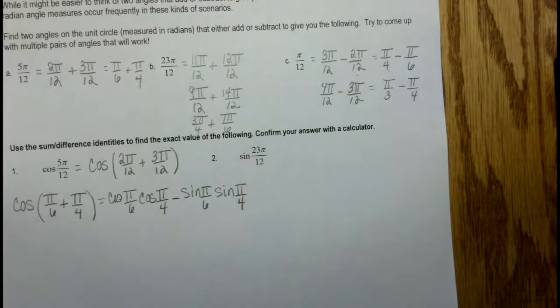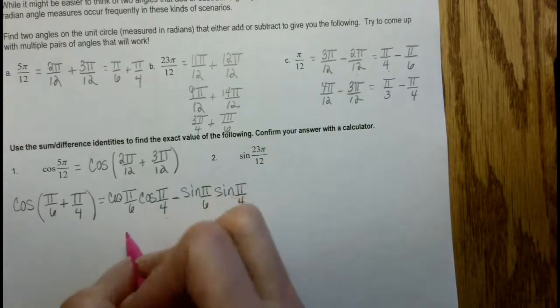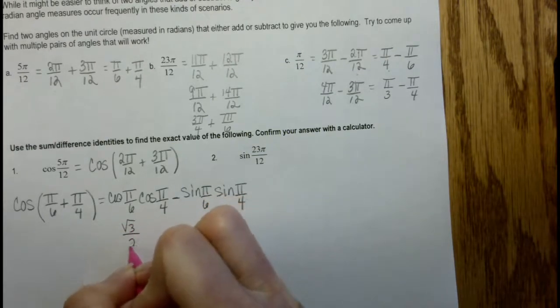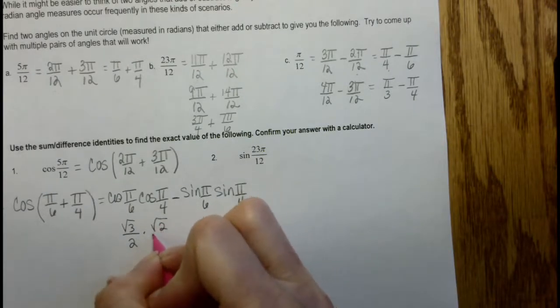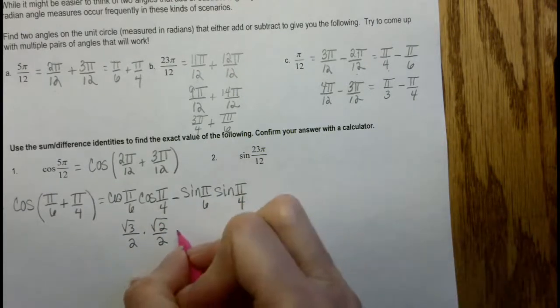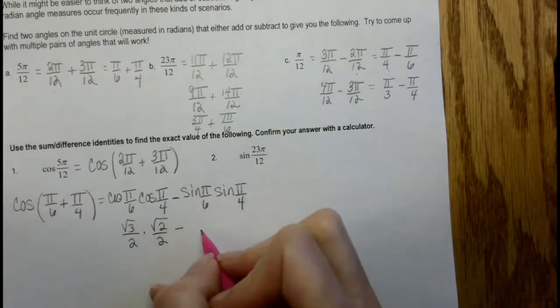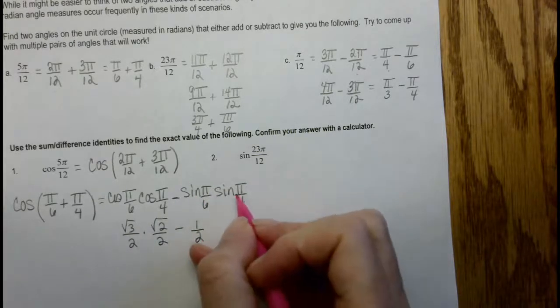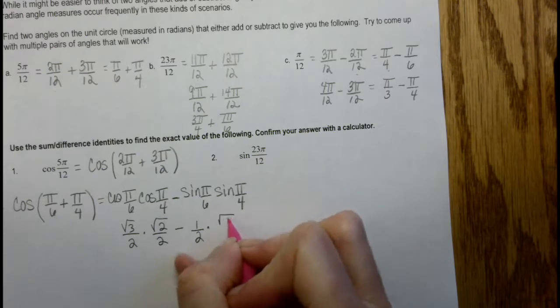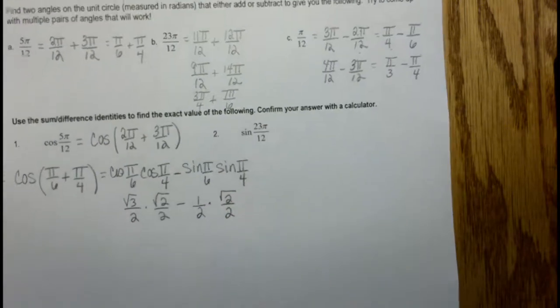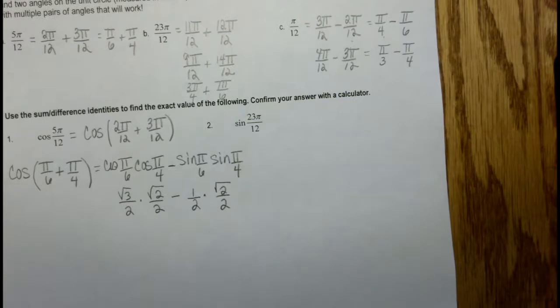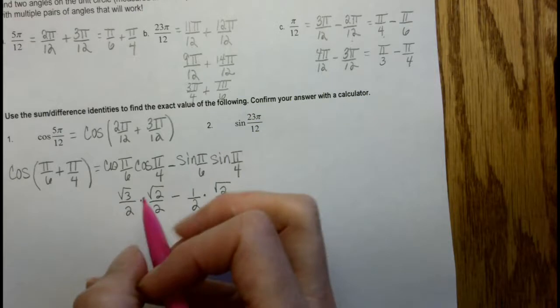The cosine of pi over 6 is the square root of 3 over 2. The cosine of pi over 4 is square root of 2 over 2. Sine of pi over 6 is 1/2. Sine of pi over 4 is the square root of 2 over 2. When we simplify, remember when you're multiplying fractions, you multiply the tops of the fraction, also known as the numerators, and the bottoms, also known as the denominators.